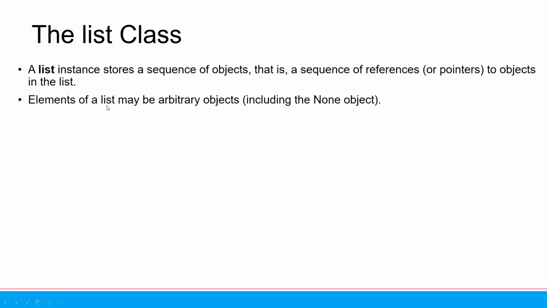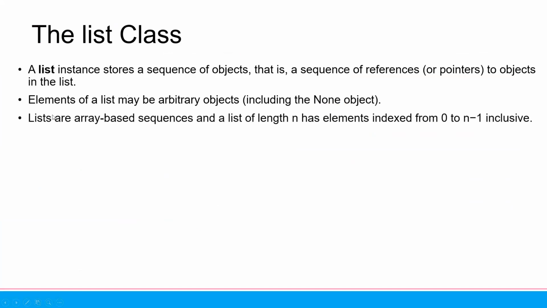The elements of a list may be arbitrary objects, including None. None means nothing or no value. Lists are array-based sequences, and a list of length n has elements indexed from 0 to n minus 1 inclusive.